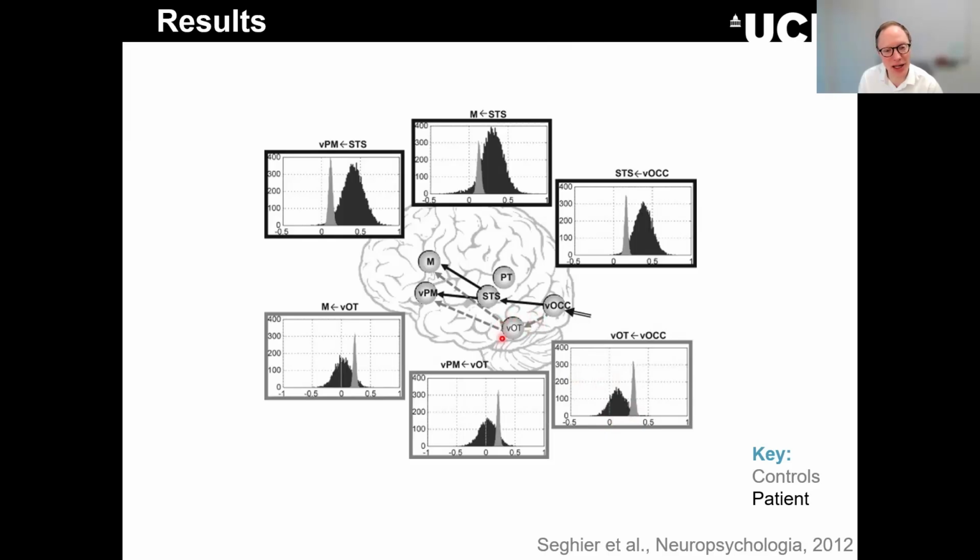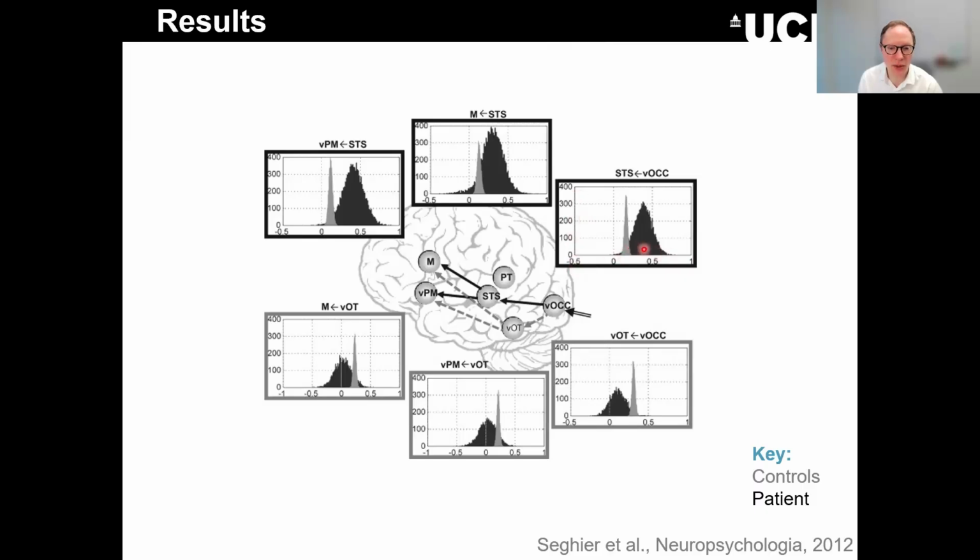There isn't evidence to say that they were using that connection. It was much stronger and more positive in the controls. But what we do get are other connections that were stronger in the patient. So VOC to STS is shown here, and you can see it's much, much stronger in the patient. I should say the axes here are connection strength versus probability density.